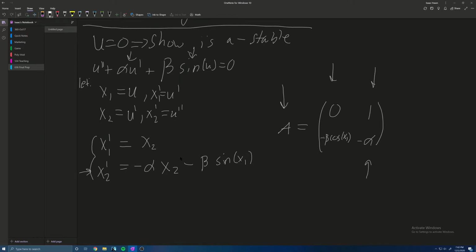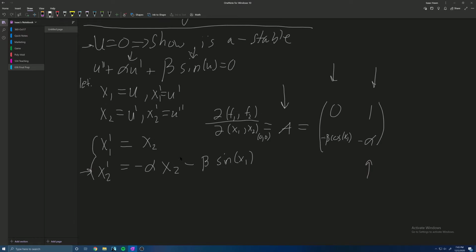Another way to write this notationally, if you like that sort of thing, is the partial of f1, f2 over the partial of x1, x2. And we evaluate this at the point we're trying to reach here, which is 0, 0, u being the zero solution. I guess u equivalent to 0 is more appropriate to say because it could be a vector there.